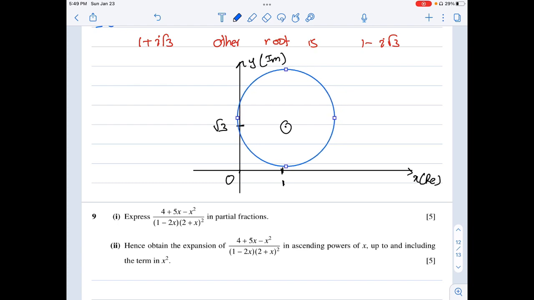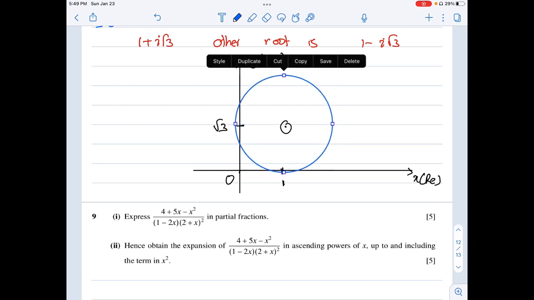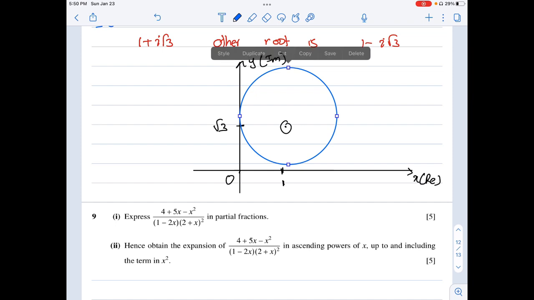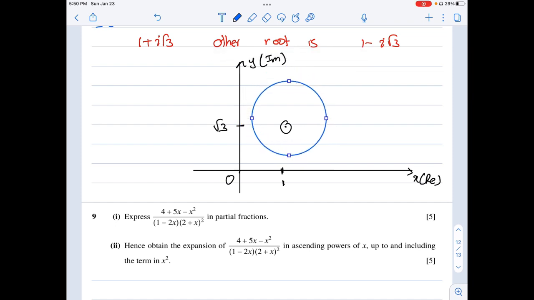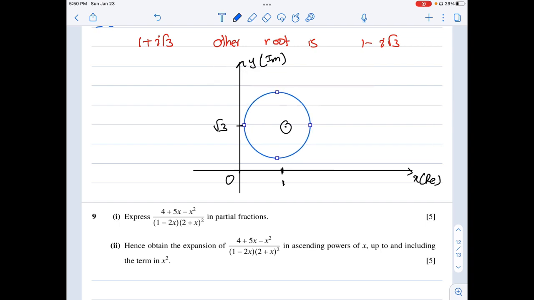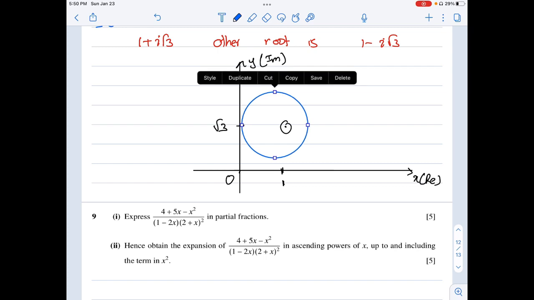So this distance is 1, but because the y-coordinate is root 3, it should not touch the x-axis, whereas it should touch the y-axis because the distance is going to be 1.